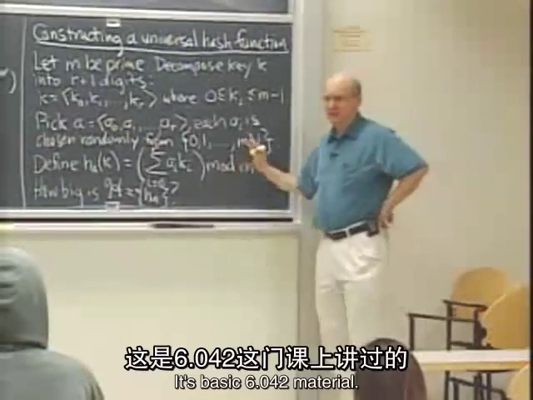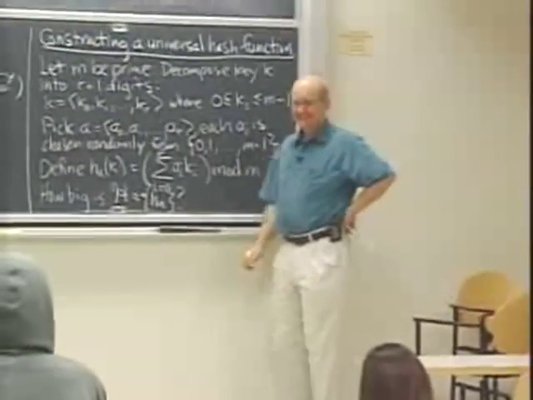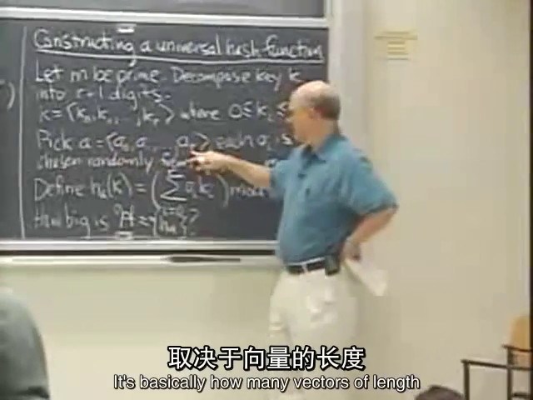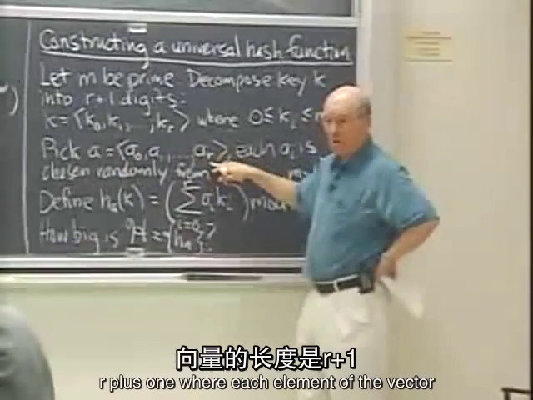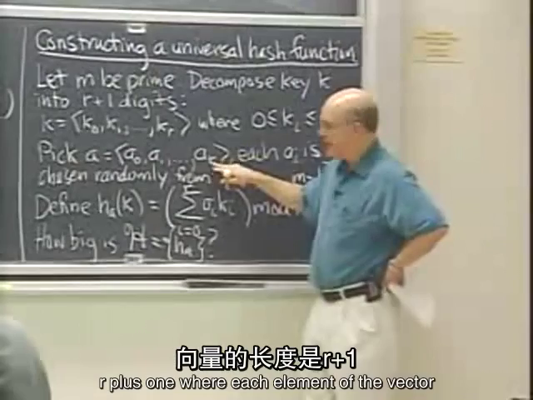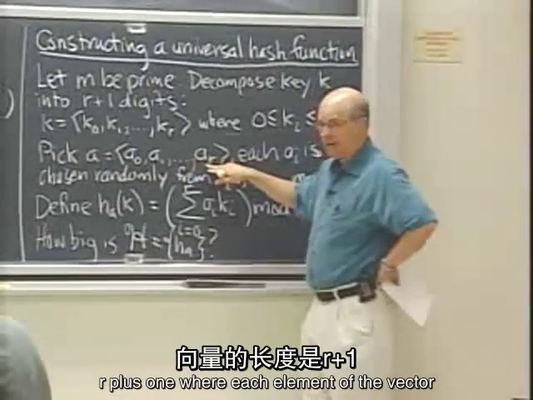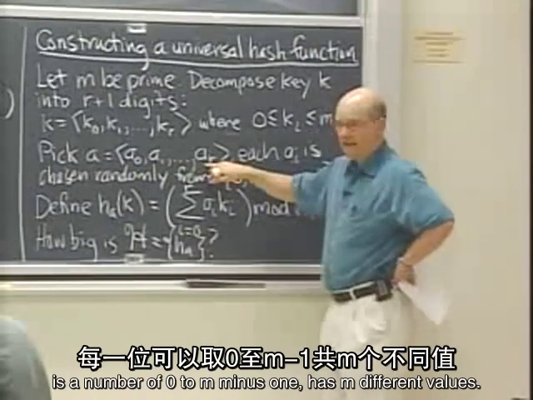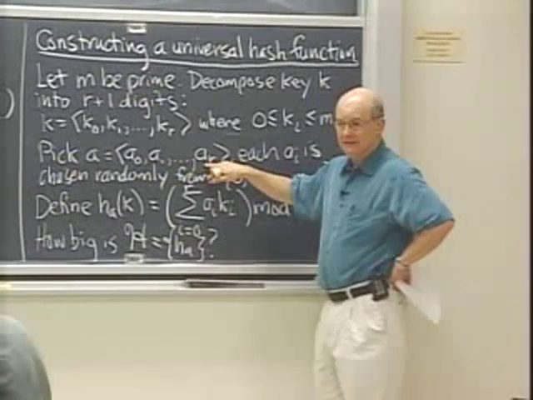It's basic 6.042 material. It's basically how many vectors of length r plus 1, where each element of the vector is a number from 0 to m minus 1, so has m different values. So how many?